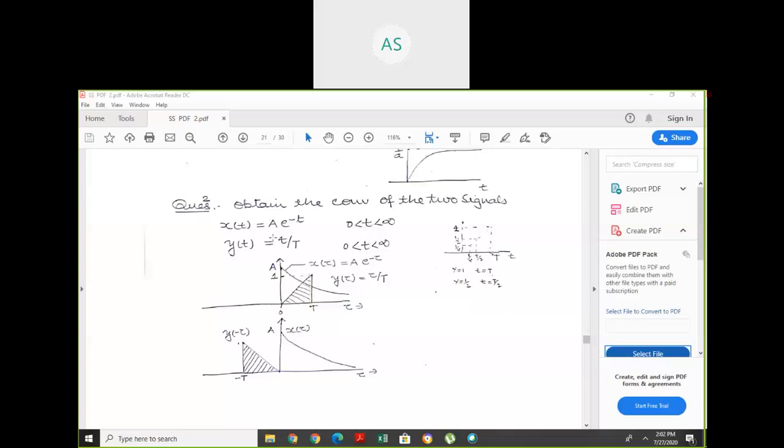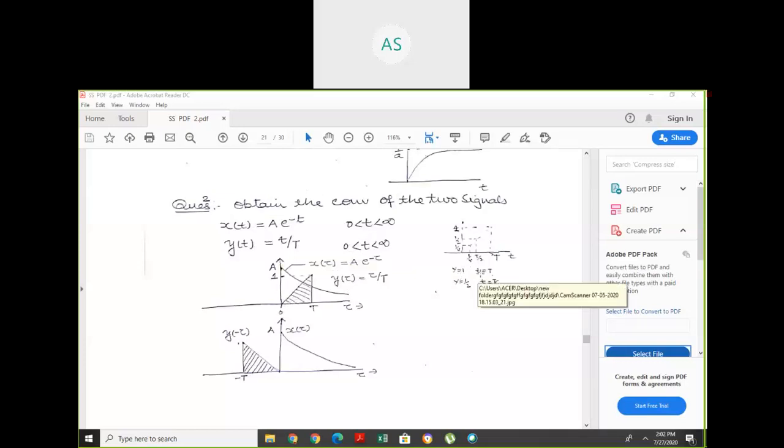So first we draw the graph of this signal and the graph of this signal. This is simply a decreasing exponential, and t is replaced by tau, so x(tau) is equal to a e^(-tau). And y(t) is drawn in this figure.